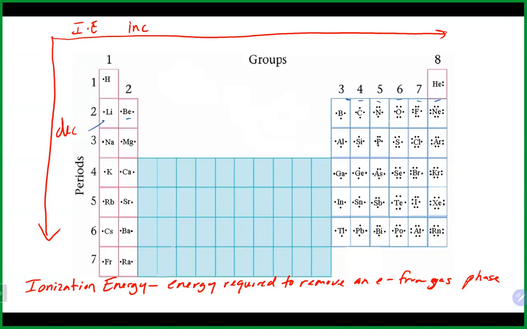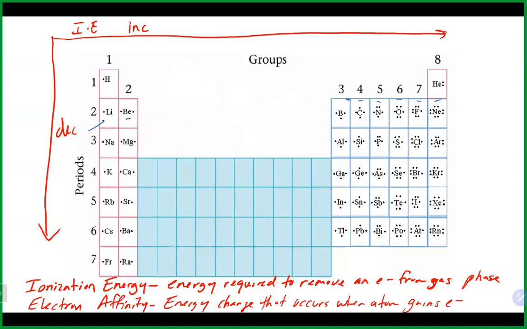Another important trend is electron affinity. Electron affinity is the energy change that occurs when an atom gains an electron.